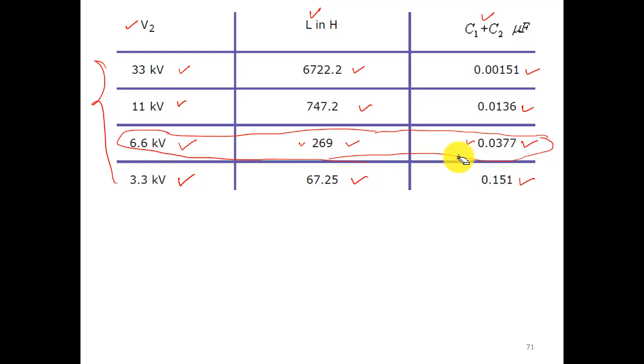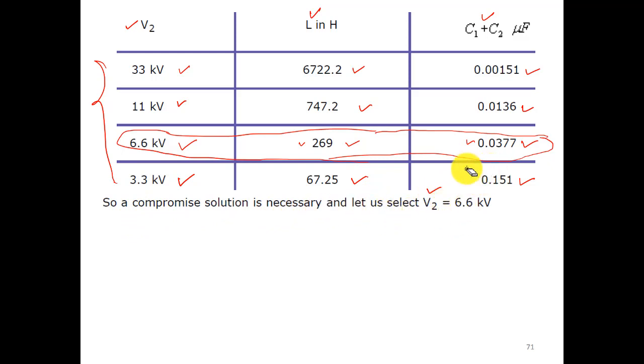Now the equivalent capacitance C1 plus C2 is found. How do we find C1 and C2 individually? A compromise solution is necessary, and let us select V2. For that we found L and C1 plus C2.